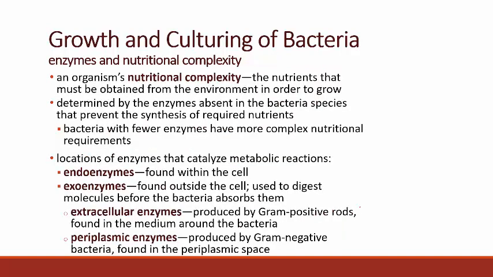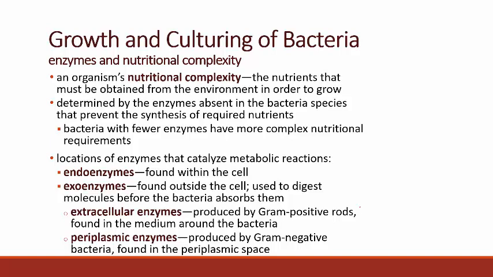So, last two slides here. First is to talk about nutritional complexity. An organism's nutritional complexity is described by listing all of the nutrients that the bacteria has to obtain from the environment in order to grow. And this list of nutrients that must be found in the environment is determined by the enzymes that the bacteria doesn't have.